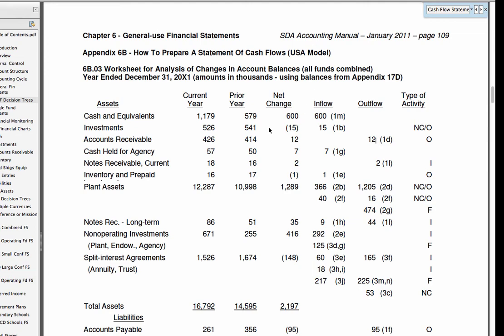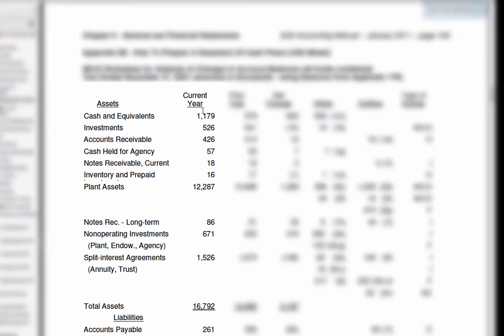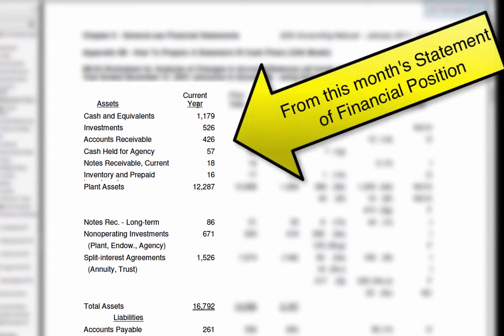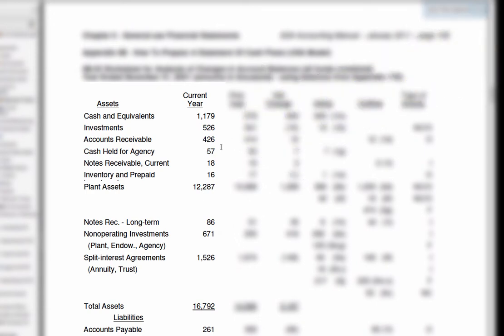A cash flow statement is done by taking the current balance sheet values and putting them in the first column. This is labeled current year, but this would be current period balance of the balance sheet, and then beside that putting the end of last year.